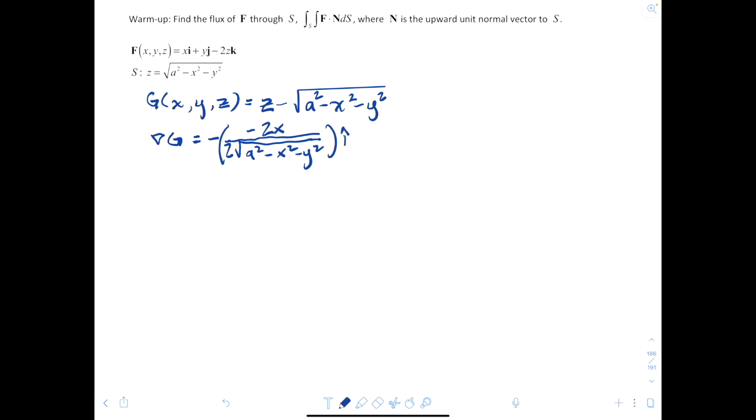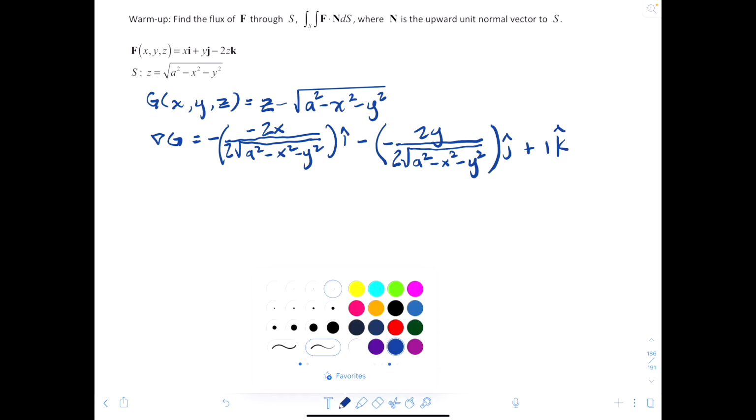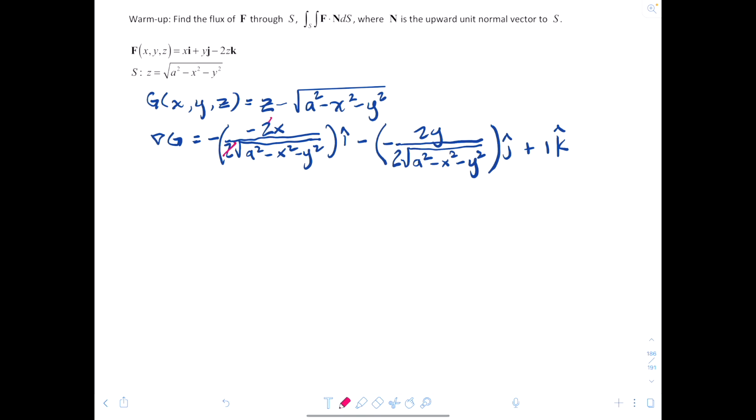And then minus, it'll be very similar, negative 2y over the square root of a squared minus x squared minus y squared. And again, need to put in my 2 from the 1/2 using the power rule. That's times j. And then plus 1 times k. And so we can simplify this a bit. The 2's will divide out and the negatives will revert to positives.